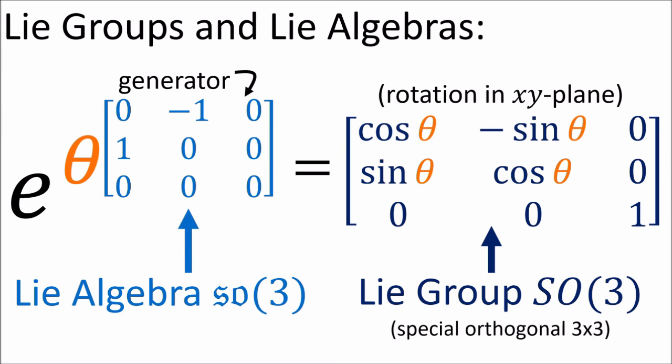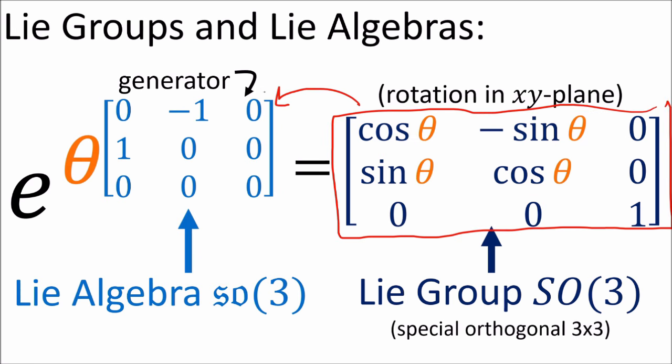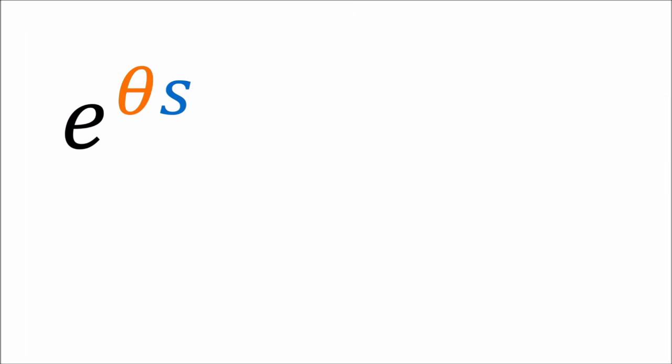So we know that when we exponentiate this generator matrix times an angle, we get a rotation matrix in the xy plane. But how did I know to use this generator matrix specifically? It turns out that there's a straightforward recipe to go from a Lie group matrix to its Lie algebra generator. Let's say that we have e to the s theta, where s is just a number.